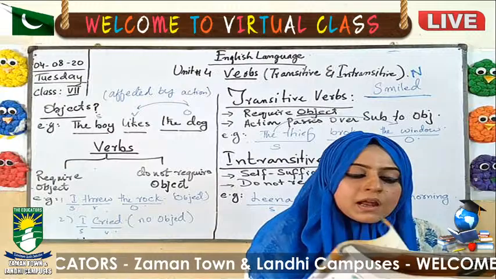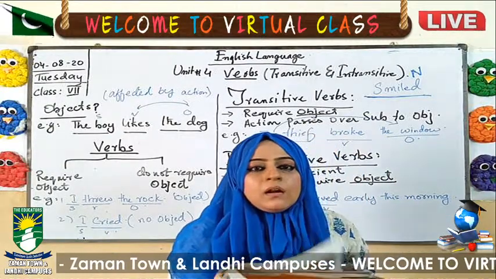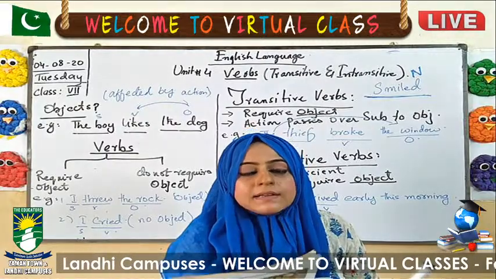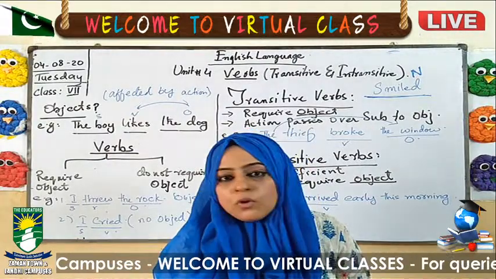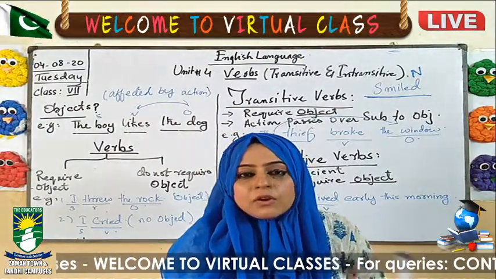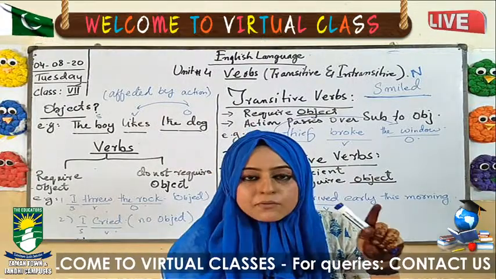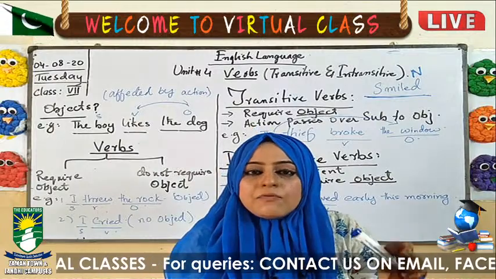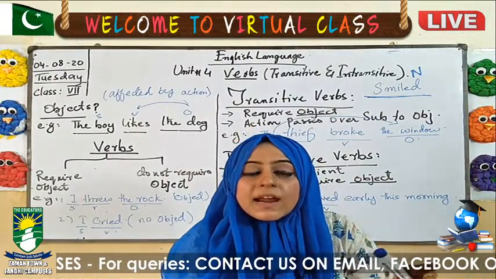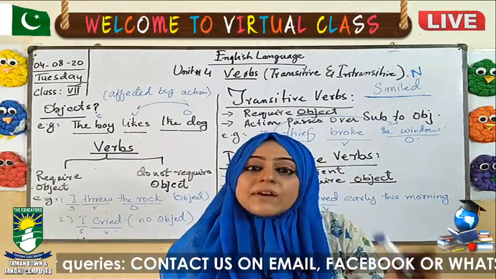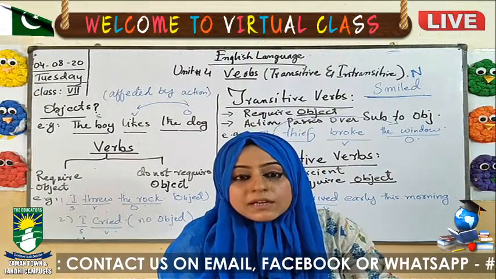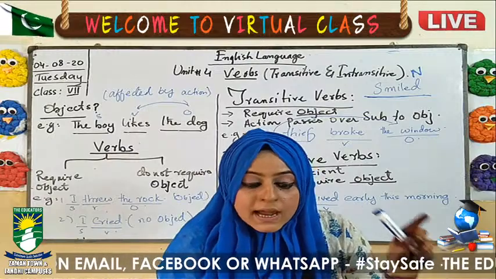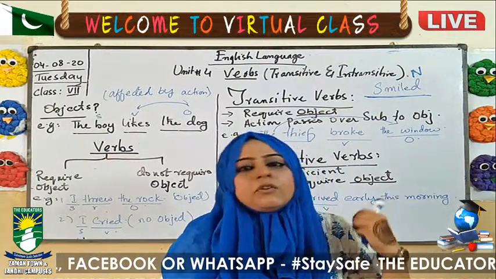Now second one, the man slept well. The man, subject. Slept, verb. Well, no, here we are not having any object, so we will just underline slept, verb, and which kind is it? Because we are not having any object, we will write N. If we are having an object, then we will write Y over it, as it has been given in the question: write Y for the verb that requires an object and N for the verb that does not require an object.